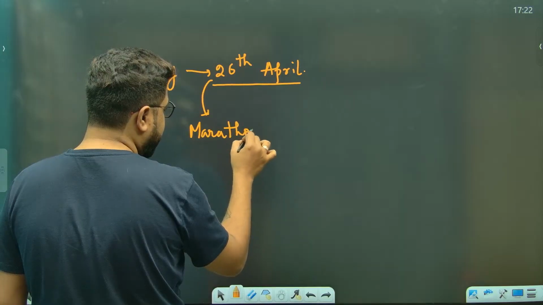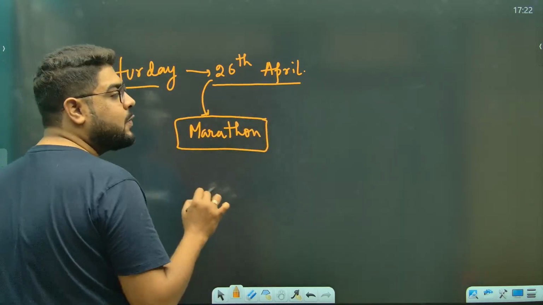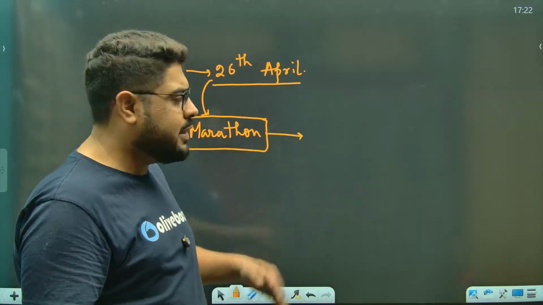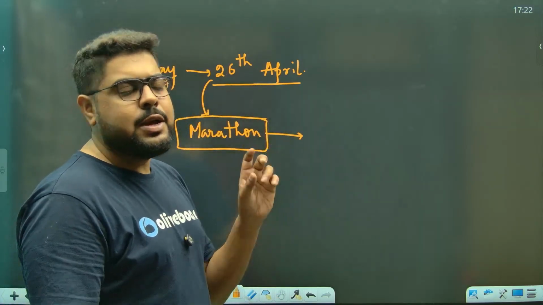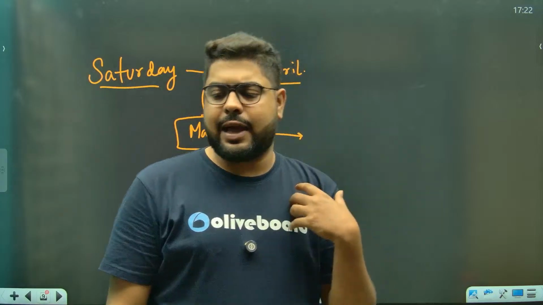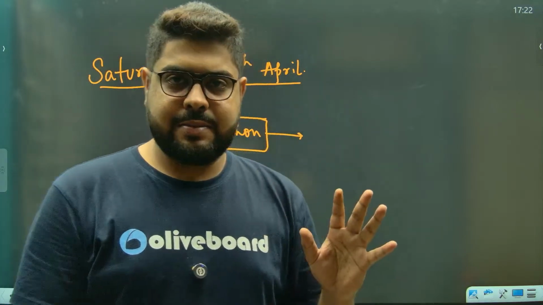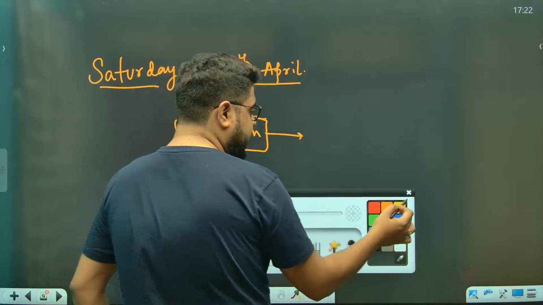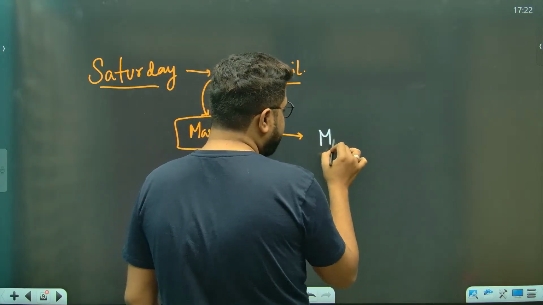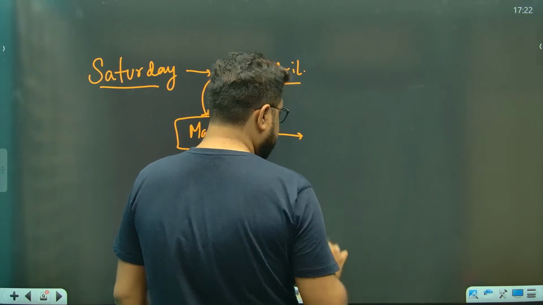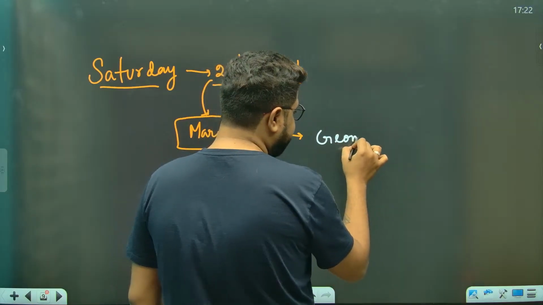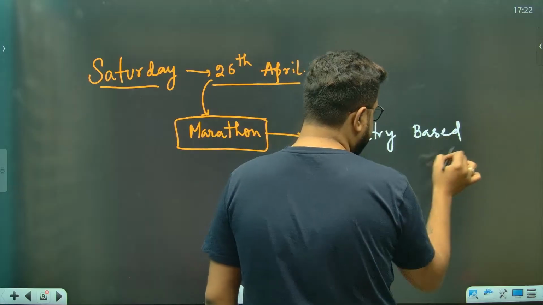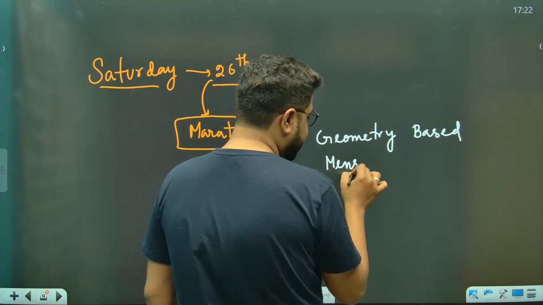I'm planning it on a very particular type of question which SSC, RRB, NTPC, ALP, everyone asks very often. But this is something students have avoided, because it is an overlap between two chapters. I will be taking geometry-based mensuration questions.